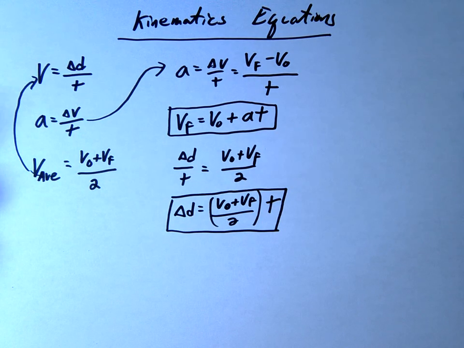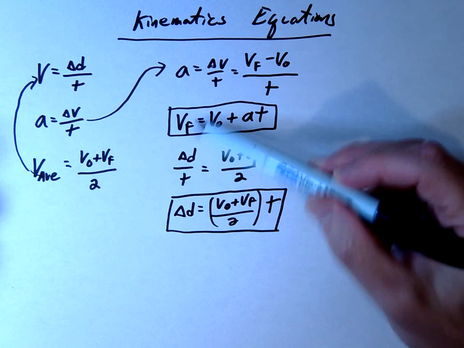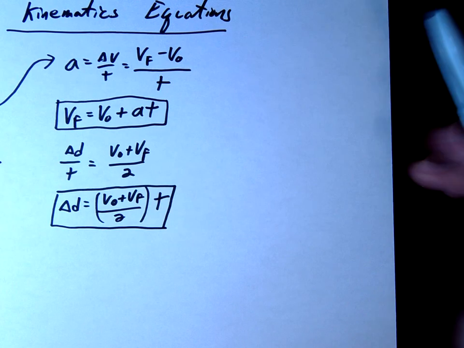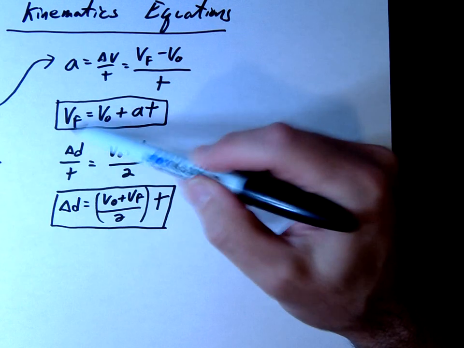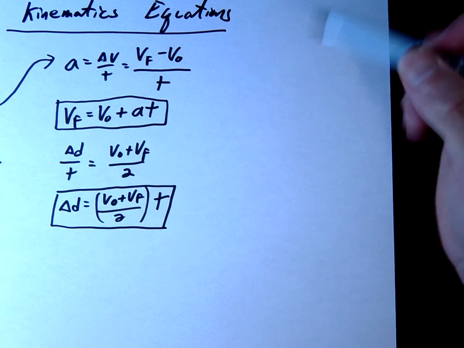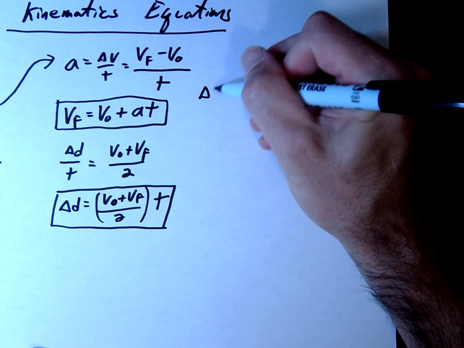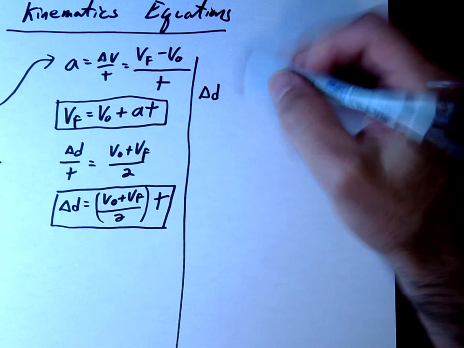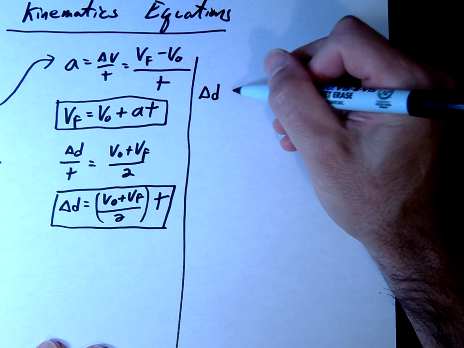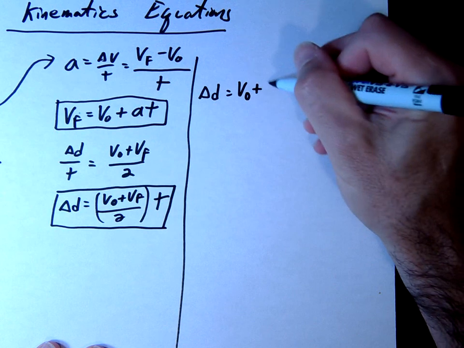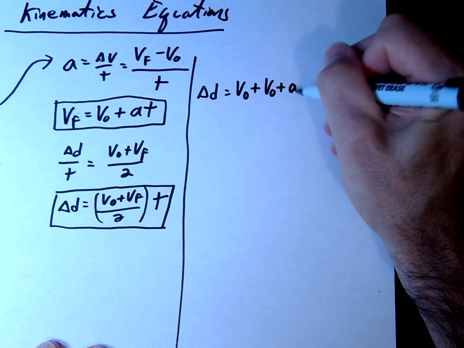To get the other two equations, we're really just going to combine these two right here. For the first one, I'm going to take this v final and substitute it into this v final over here. So we'll write this as delta d equals vo plus, and then we make the substitution, vo plus at.